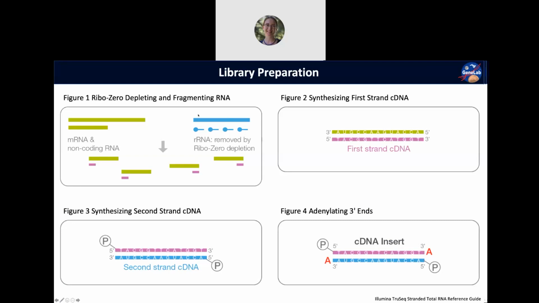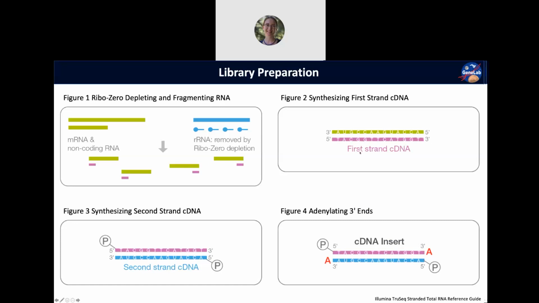first, after we remove our ribosomal RNA, chop up our remaining RNA of interest, then we start to first create the first strand of cDNA, and that's created with Ts. So this is the reverse transcriptase process that we saw in that RT-qPCR earlier. And so that first strand of cDNA contains Ts.